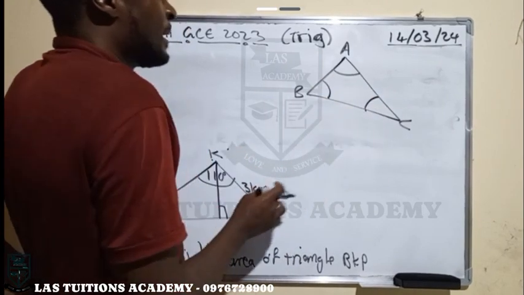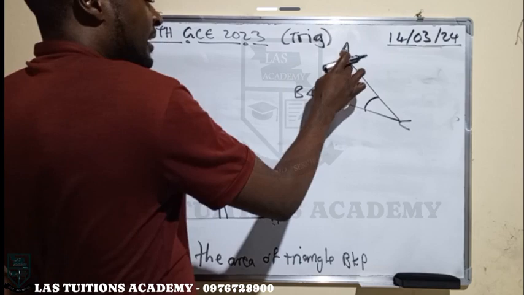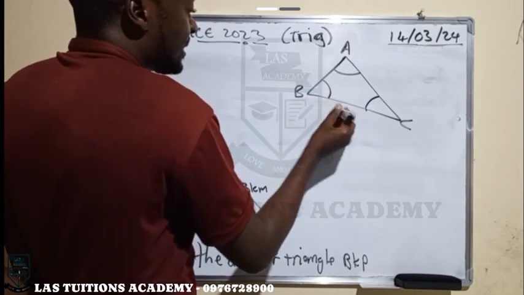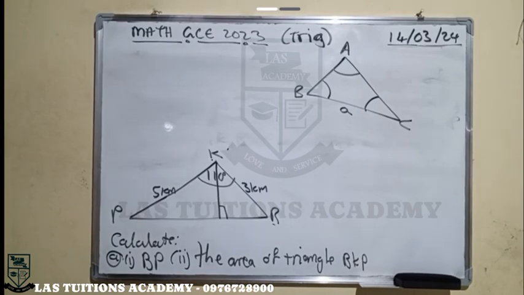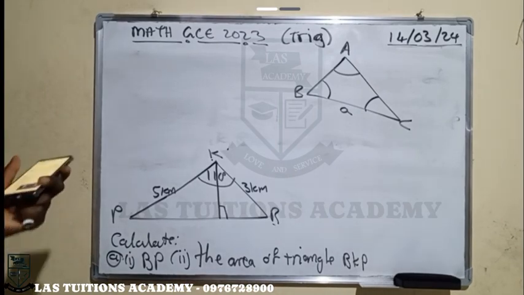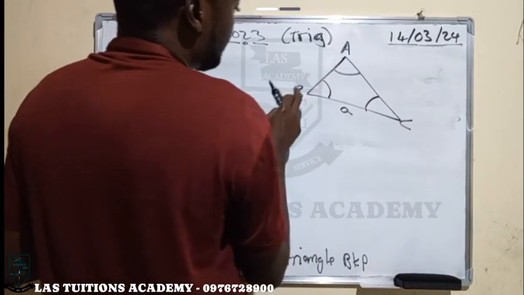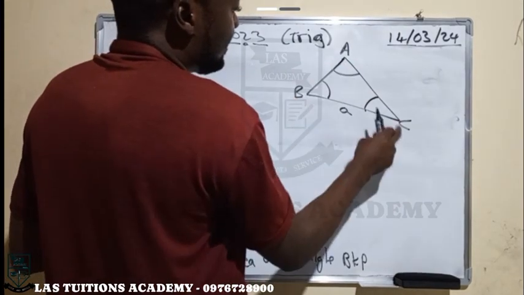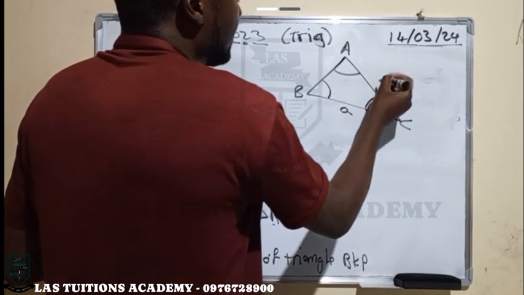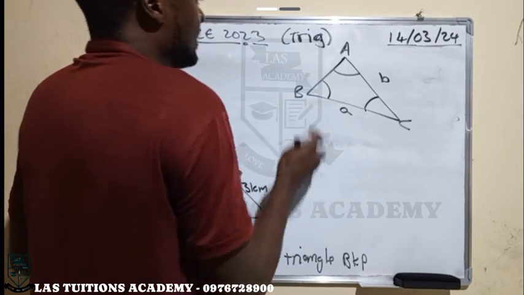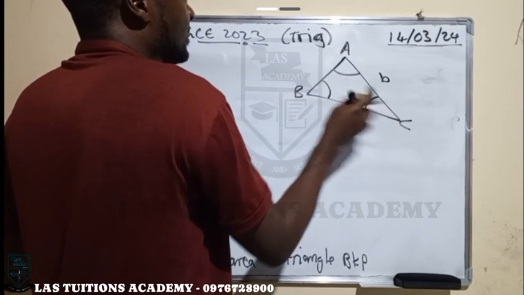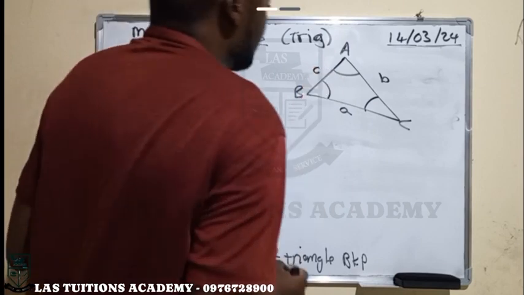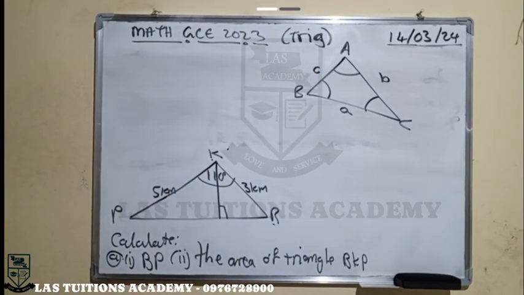Since this is angle A, the opposite side gives us side A, and we use a small letter A to represent it. And since this side here is opposite to angle B, this becomes our side B. Since this part is opposite to angle C, it becomes our side C, and we use a small letter C to represent that side.